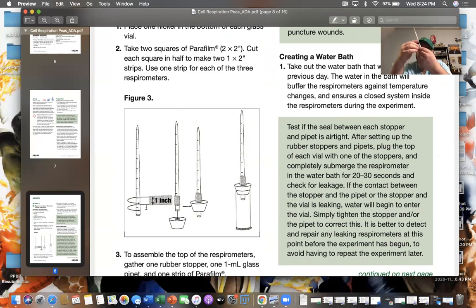So be generous with stretching and wrapping. The good thing is the more you wrap it around, the thicker it's going to be, so the tighter seal you're going to generate, which is important for this. All right, so you should have something that looks like that.